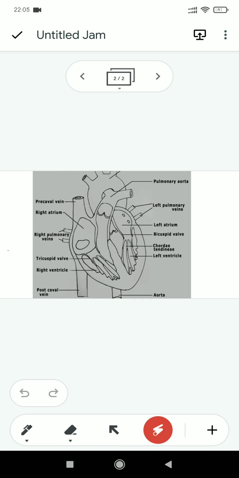So the heart has two types of circulation: pulmonary circulation and systemic circulation. Pulmonary circulation is always done by the right side of our heart, and systemic circulation is always done by the left side of our heart.